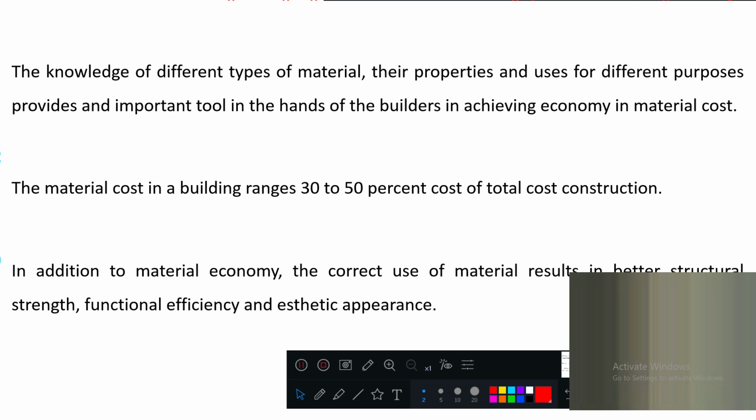So if you know what type of materials to be used, where they have to be used, and how much they have to be used, you can easily construct a building in an economical way.